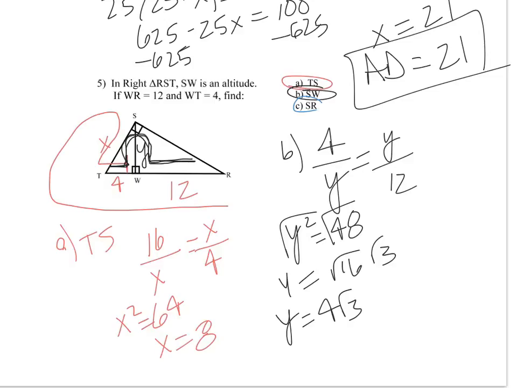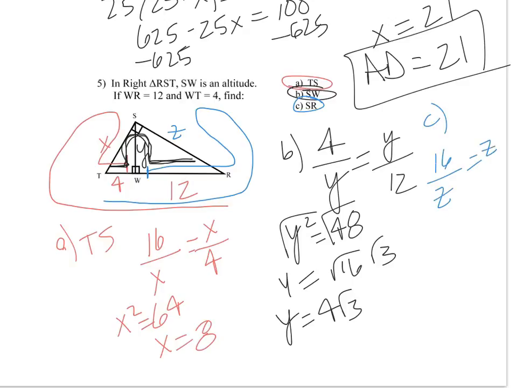And then in blue, I'll do the last piece, which is SR. I'm going to call that z. So in this case, I'm going to do hypotenuse, leg, other projection. So in this case, it's going to be 16 over z equals z over 12.